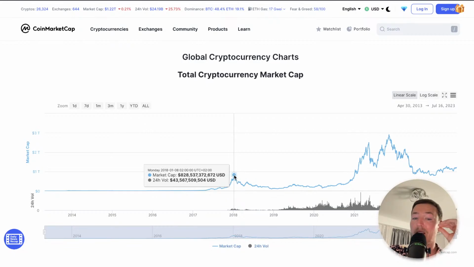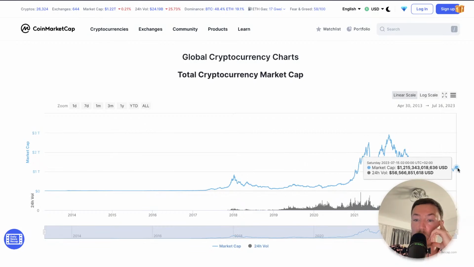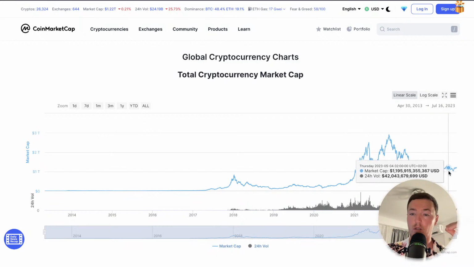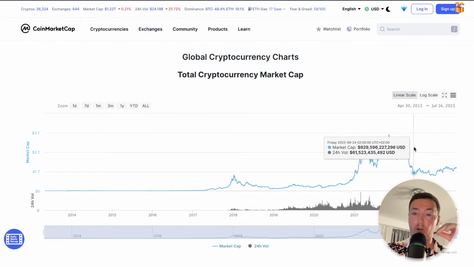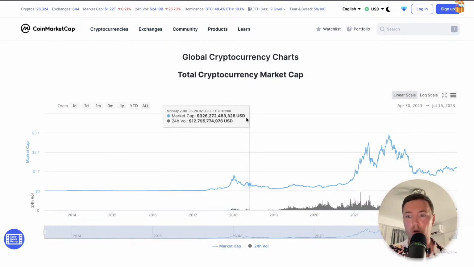So the market cap was 800 billion and XRP reached $3.30. Now the market cap is 1.2 trillion. So right now, before any new money floods into the market, there is 1.2 trillion in the market. That's part one of my thesis that XRP can run on its own.